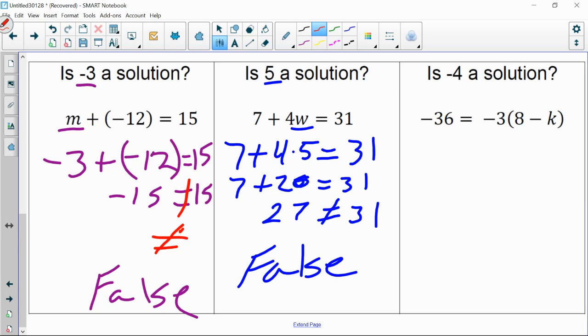Now our third and final one here. Is -4 a solution? Sometimes the variables can be on the right side. There is no rule saying it has to be in one certain spot. So let's plug this in. A -36 equal to -3 times the difference of 8 minus -4. Now remember, we've got to put that -4 in there too.